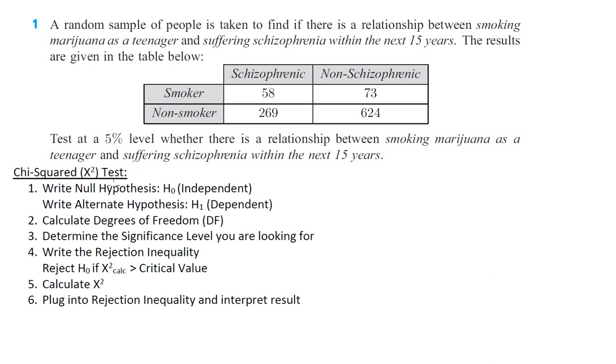Okay, so write the null hypothesis that they are independent. So step 1 here, we've got H0. Our null hypothesis is that, for the relationship we're looking for, smoking marijuana as a teenager and suffering schizophrenia are independent of each other.